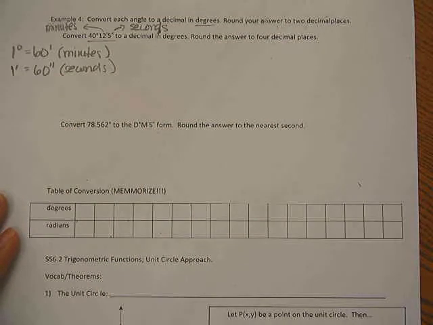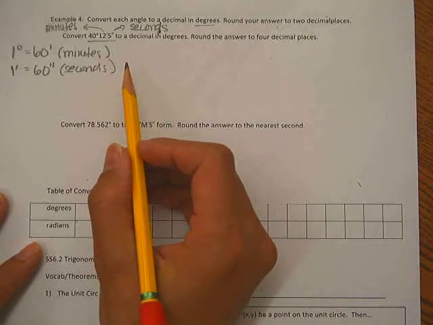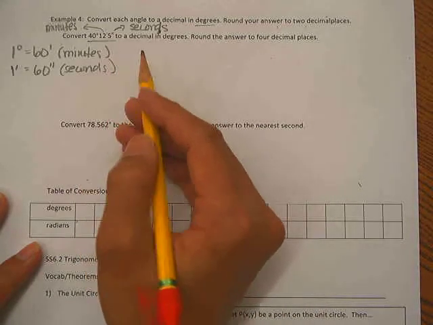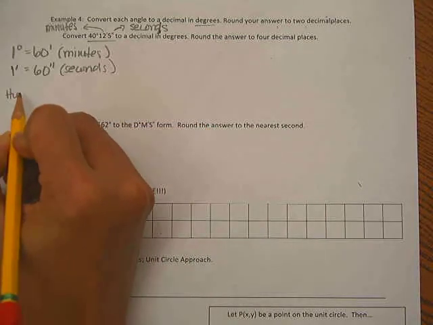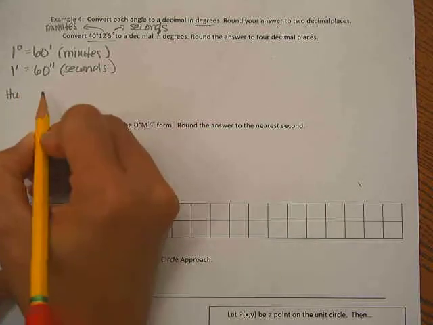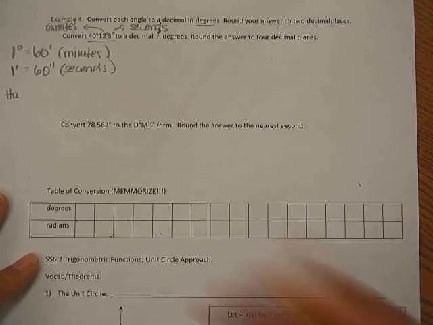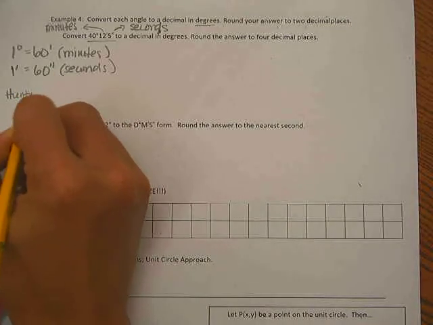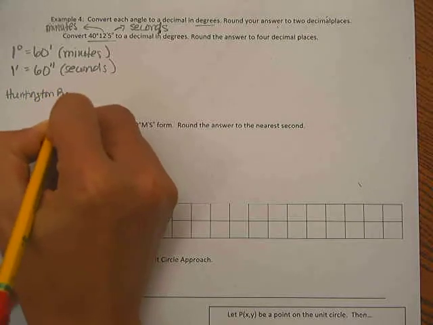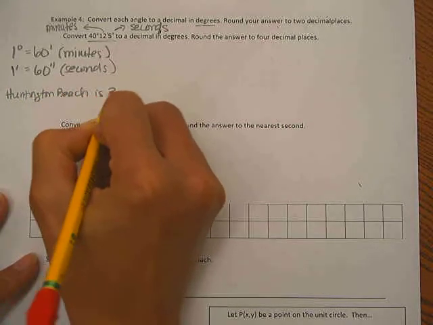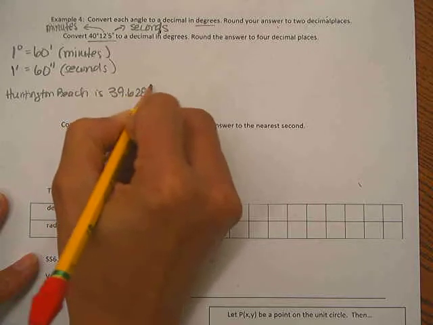Since we've never seen this before, I Googled what latitude angle Huntington Beach is at. Huntington Beach is at about 33.69 degrees.